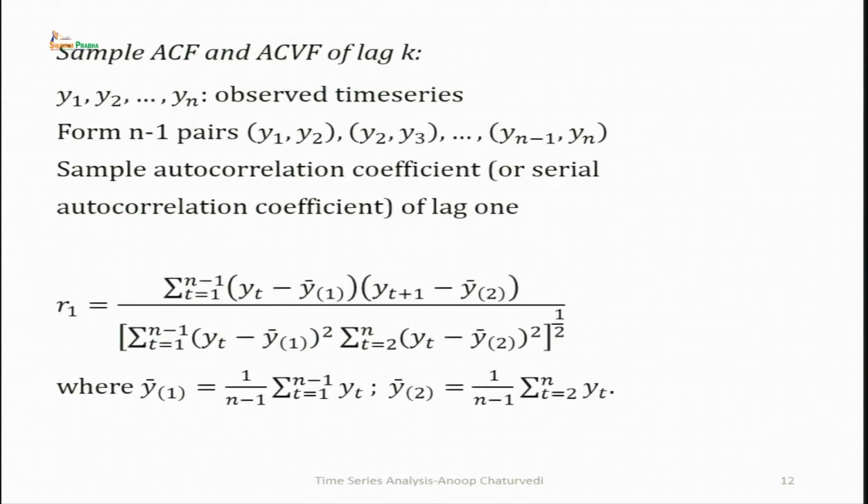Now, we define the sample autocorrelation function and sample autocovariance function of lag k. Now, suppose you have n observations y1, y2, yn, this is the observed time series. Then first we form n minus 1 pairs.